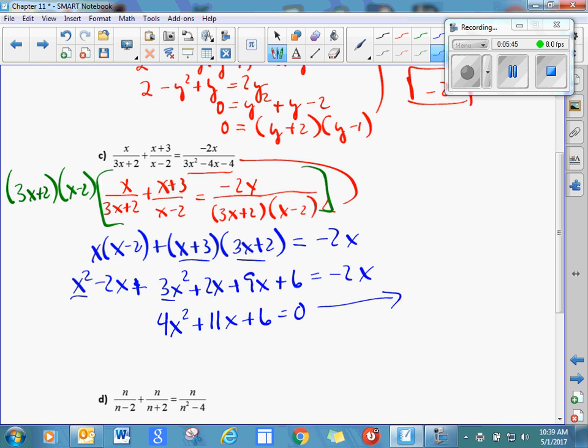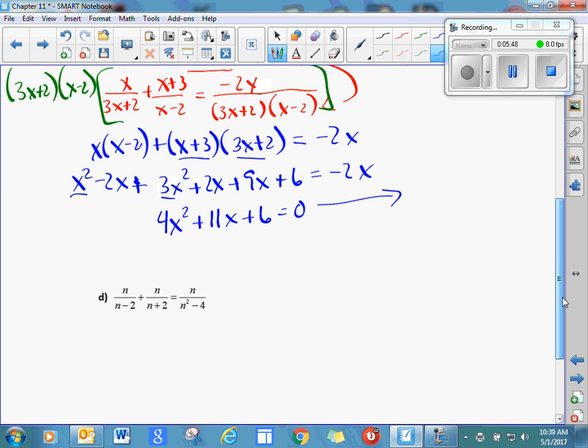And now we got to go do the AC method again, yet again. I split this up into 3x and 8x plus 6 after I did my AC, which is 24 and adds to 11. So this is what it looks like.